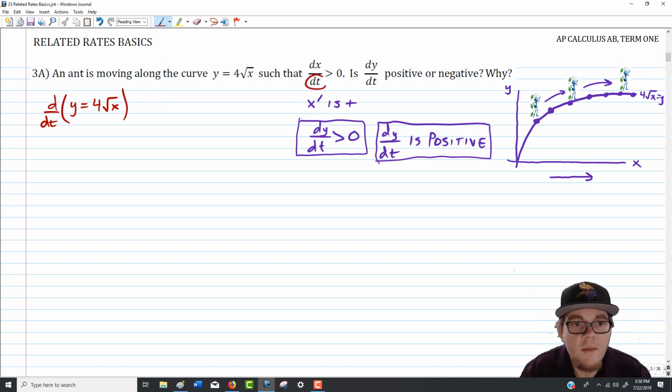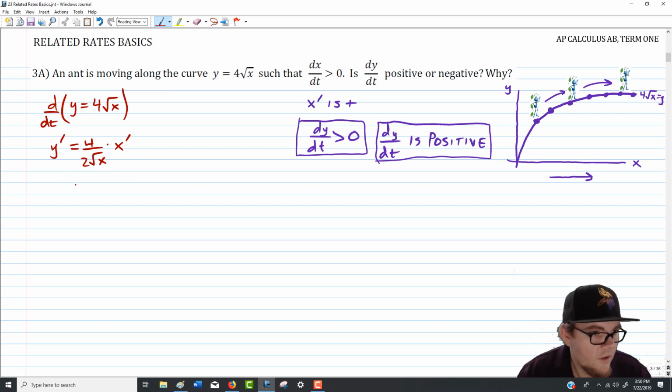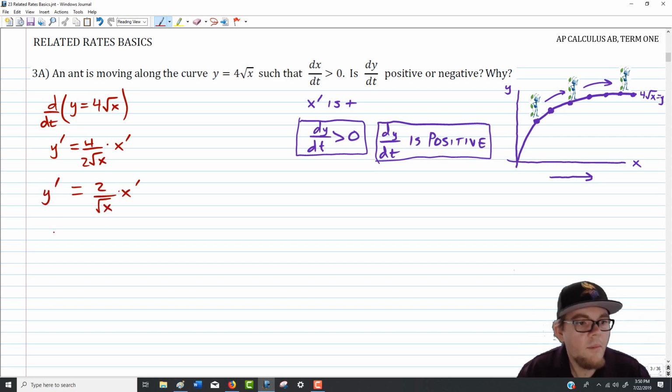And I know it's with respect to time t because each of these has dt in the denominator. Taking the derivative, we'll get dy/dt equals 4 over 2 root x times dx/dt. So the right side is going to simplify to 2 over square root of x times x prime, and that's all equal to y prime.